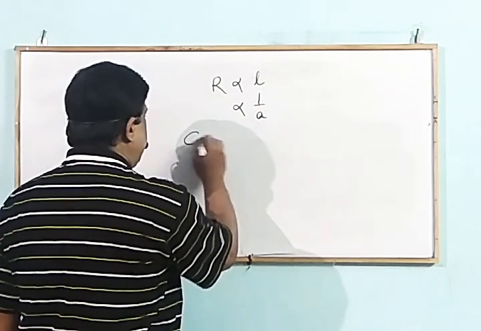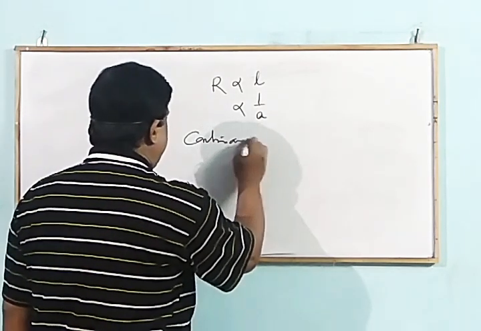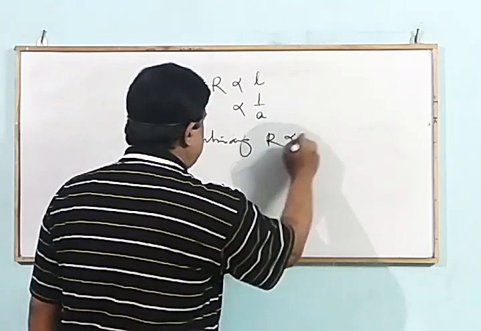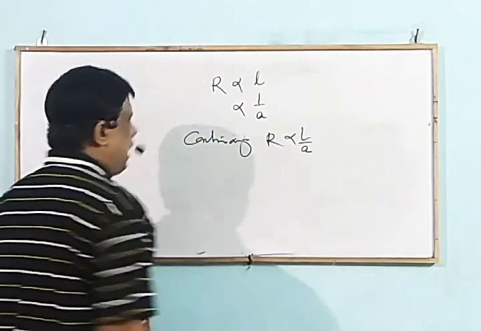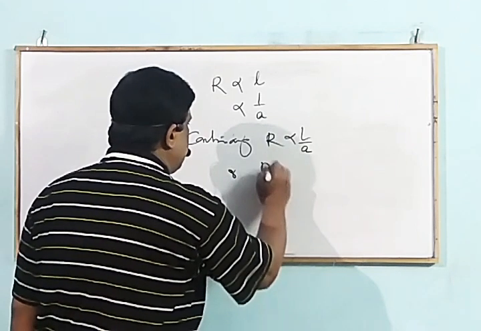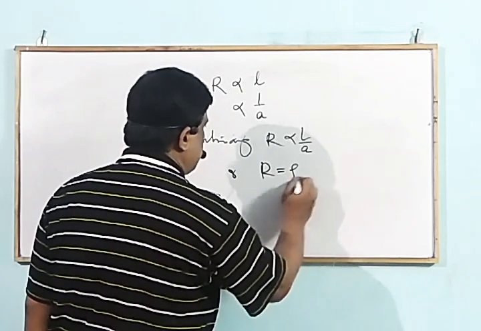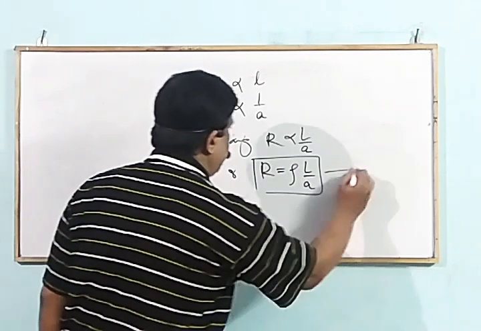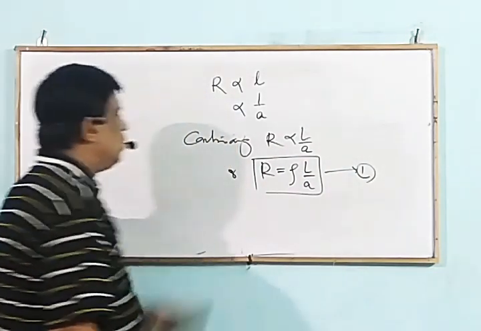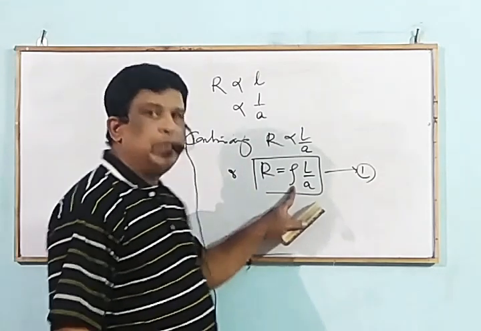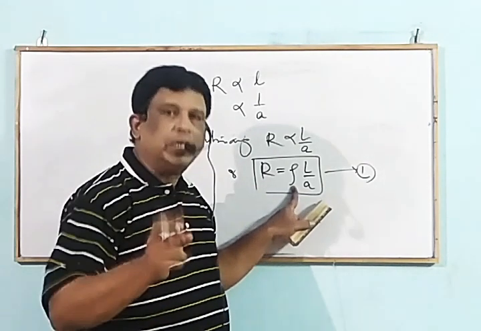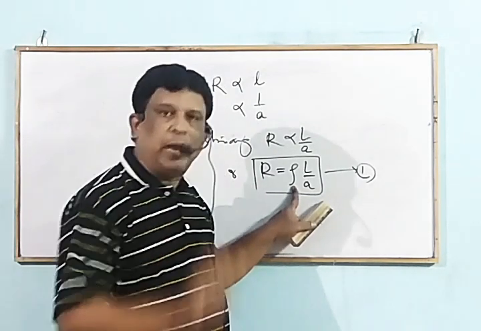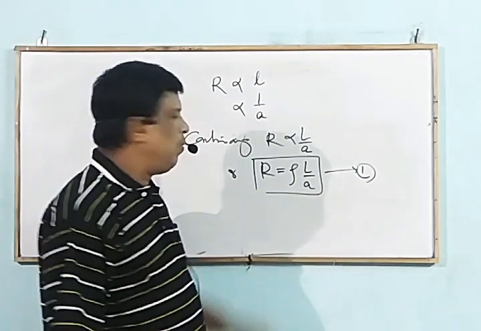So by combining this, R is proportional to L by A. If we remove the proportional sign, R is equal to a proportionality constant rho into L by A. Mark that, equation 1. R is equal to rho, a proportionality constant which depends upon the nature of the material taken, into L by A.